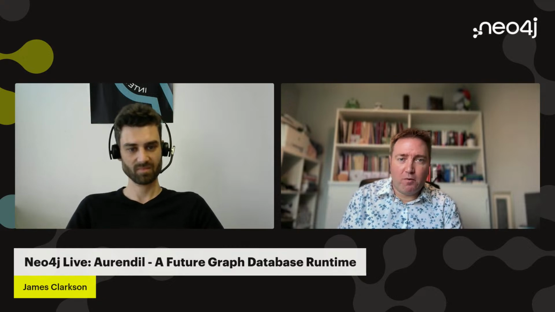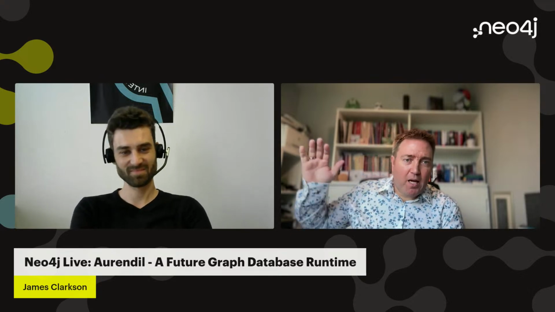And that experience is so refreshing for people who have come up on languages like C++, where you make a mistake and you get pages and pages of error messages that you just can't decipher. So it's like, how do we get that experience into Cypher?